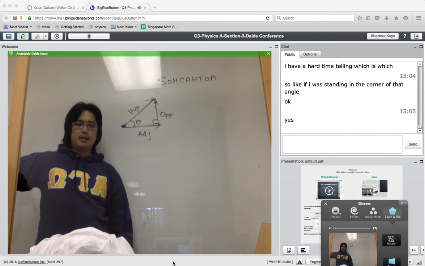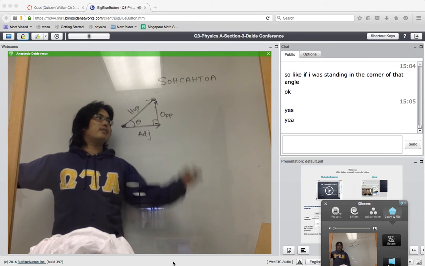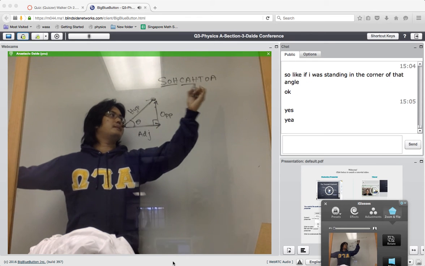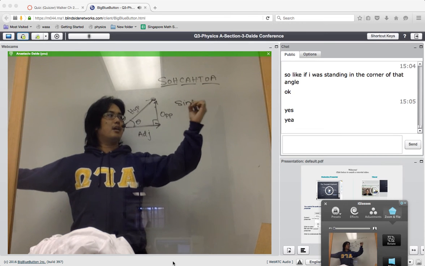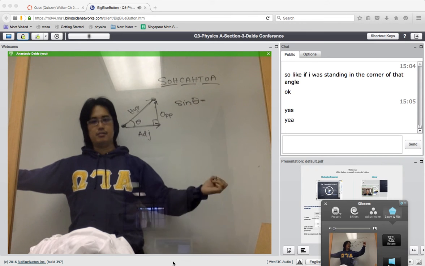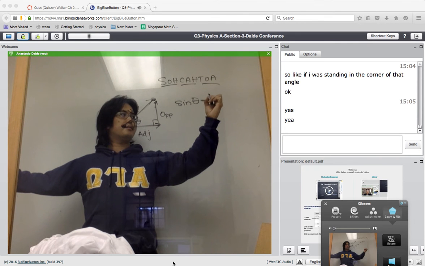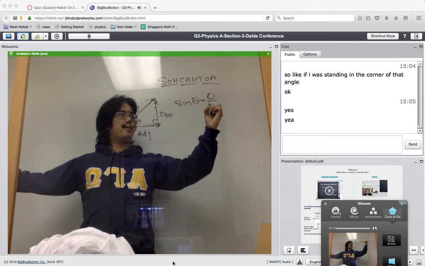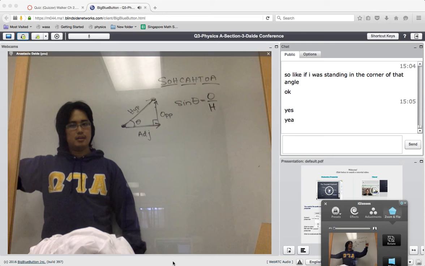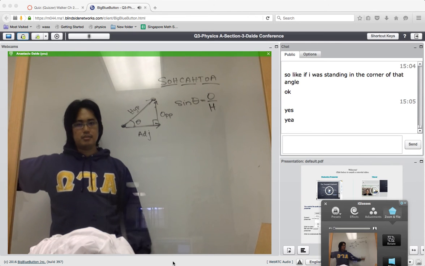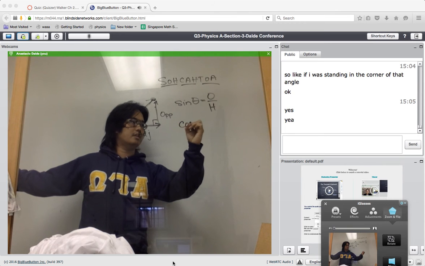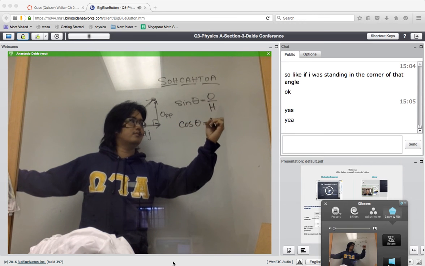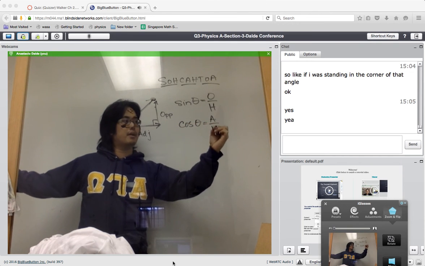All right. Now, the mnemonic device SOHCAHTOA is basically telling you three equations. It's saying that sine of theta is equal to opposite over hypotenuse. The next part is cosine of theta is equal to adjacent over hypotenuse.